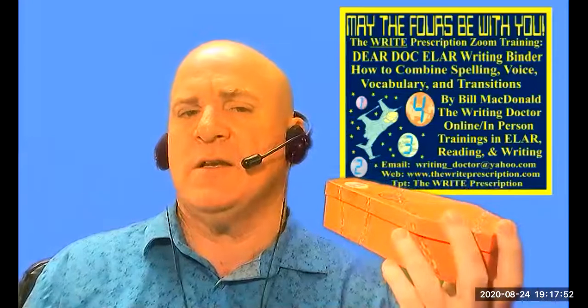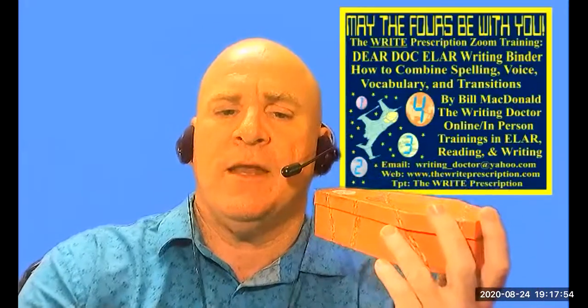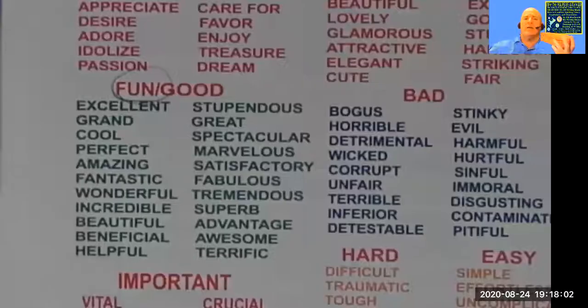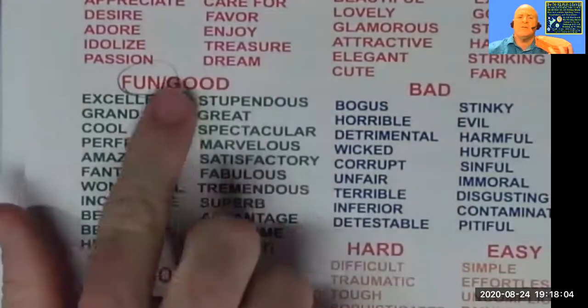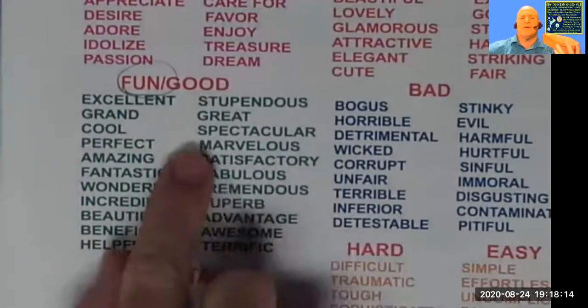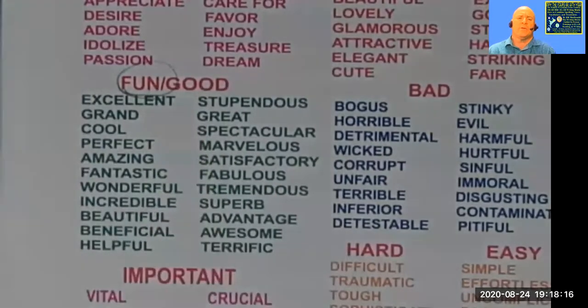And a reward for using one of the synonyms would be getting a point, or we would write your name on a ticket and we would place it in perhaps a word bank. So I'll let you teachers decide for about 3 or 4 weeks, pick about 4 or 5 of these words at a time, these synonyms for fun and good, and add that to your spelling list, the one that we're going to go over in a few minutes, and your kids will have to use those in a sentence during the week.